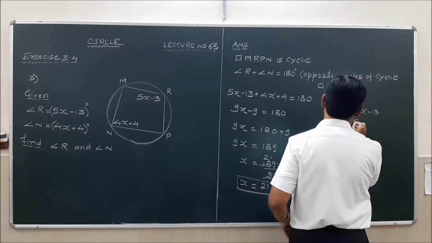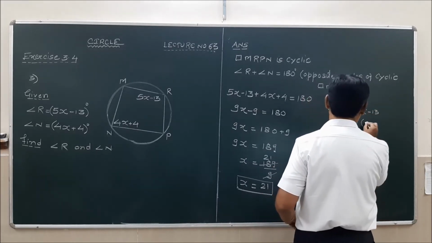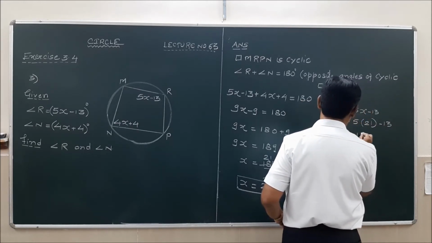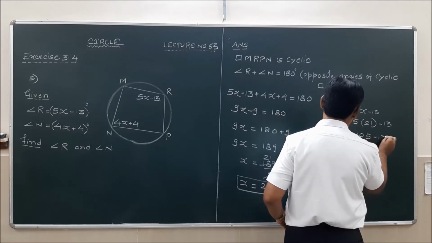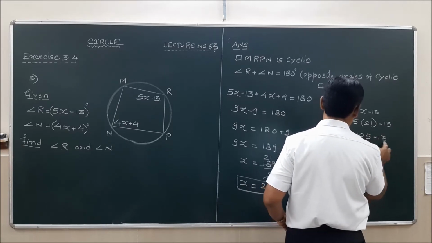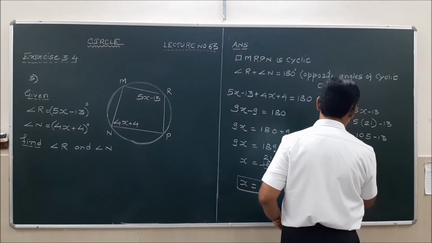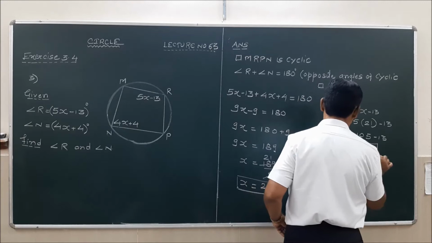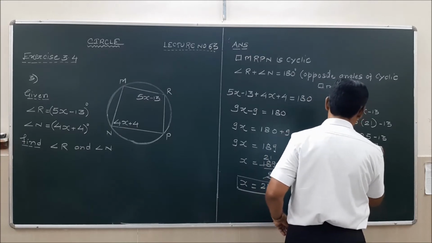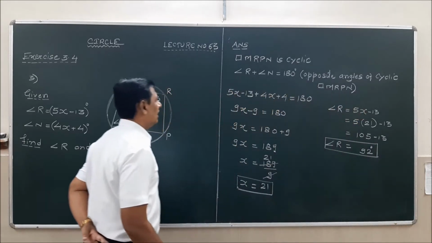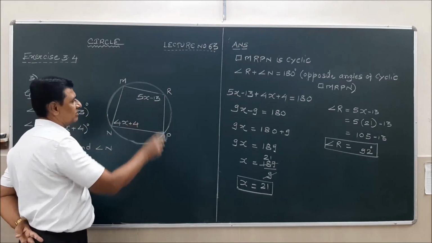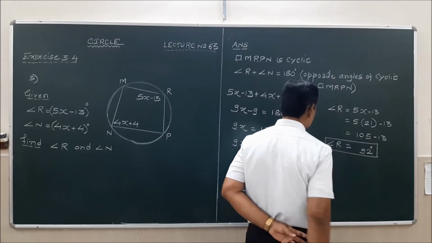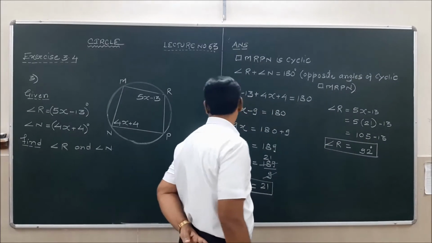That is equal to 5 into 21 minus 13, 5 into 21 is 105, minus 13, that is equal to 92. This is how you will get angle R.